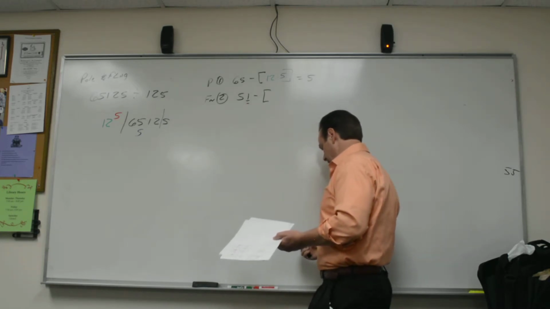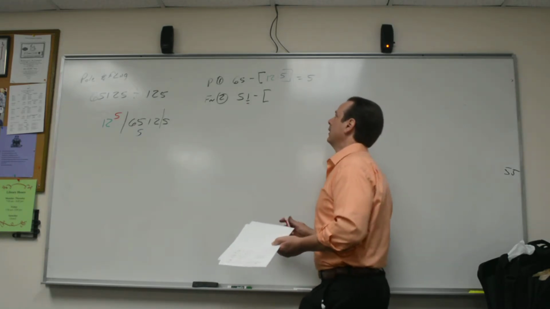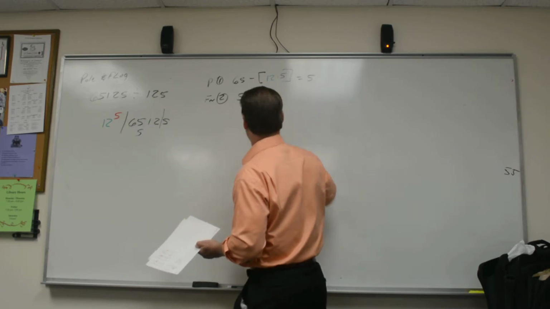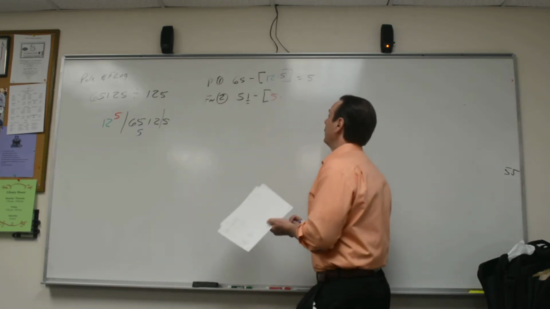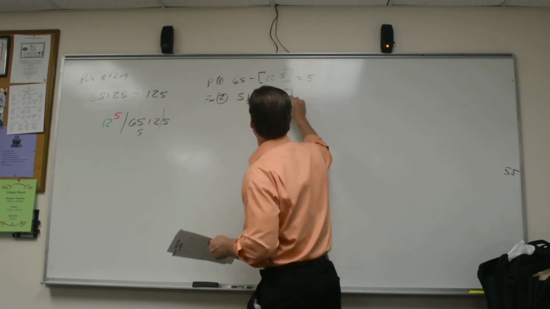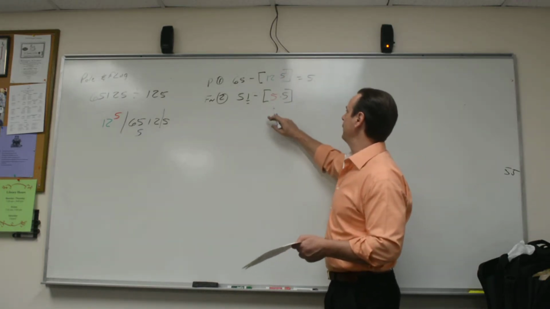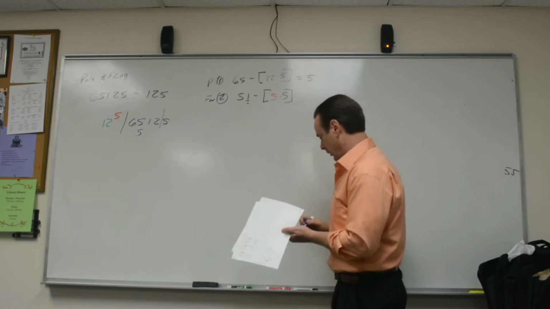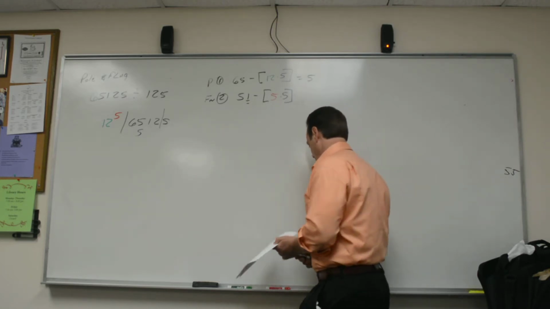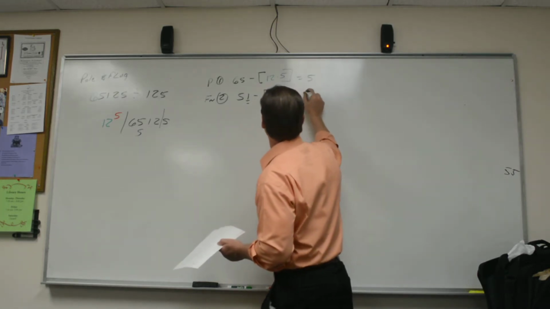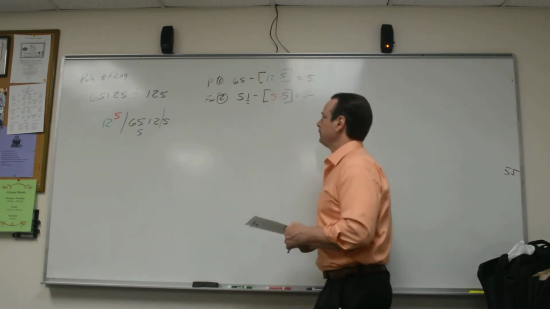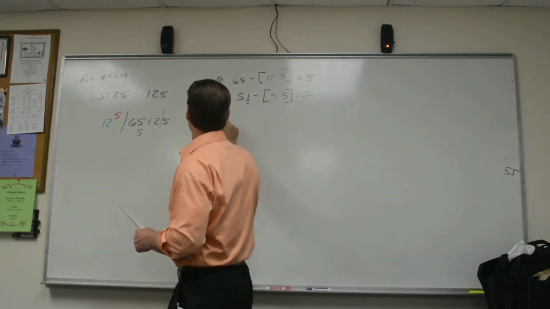We're going to use the flag. And what are we going to multiply that by? 5. Because these two have to be the same. All right, so this is 25, it's 51 minus 25, that's going to equal 26. Let's go to the next step.